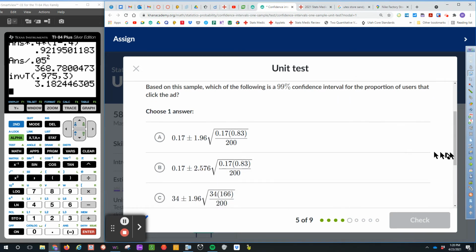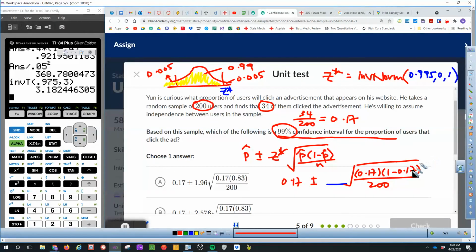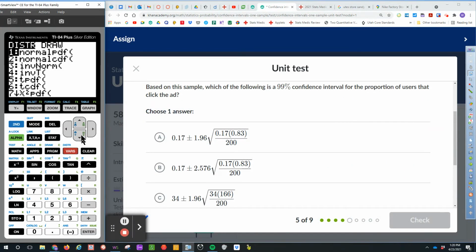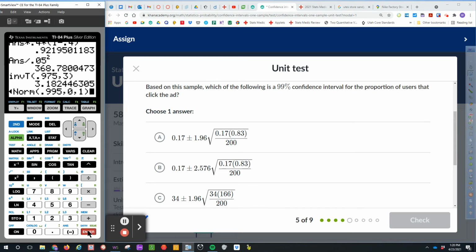Okay, so where was I? Yes, we need to find out what the z-star value is. So inverse norm 0.995. If I go to second verse, inverse norm 0.995, and then mean 0, standard deviation 1.